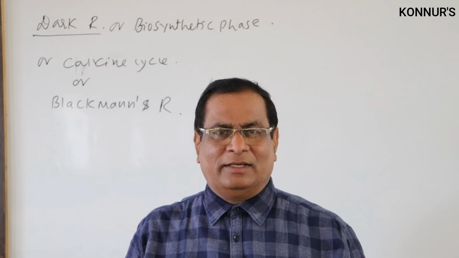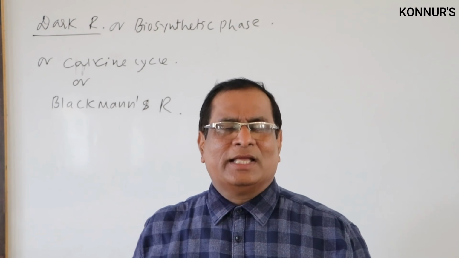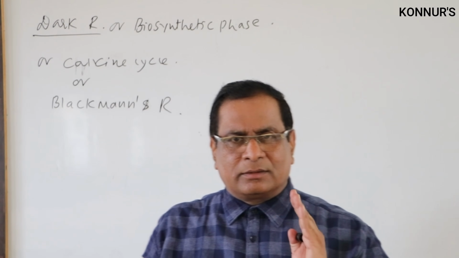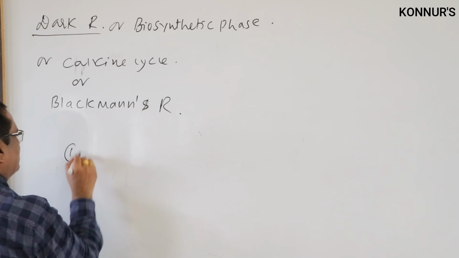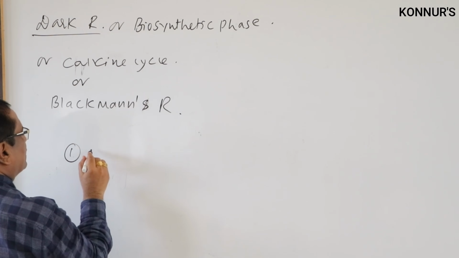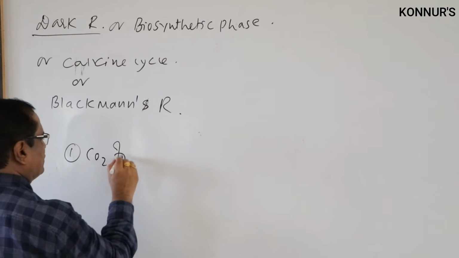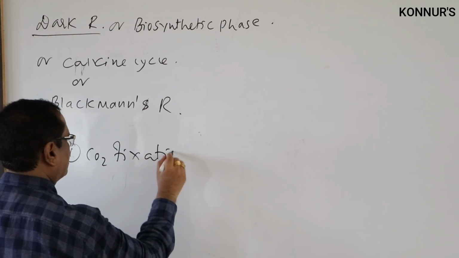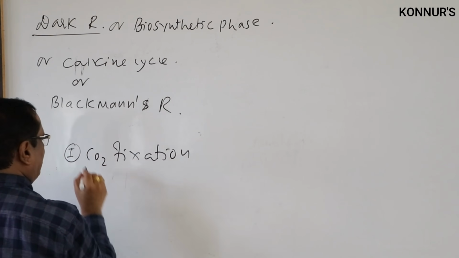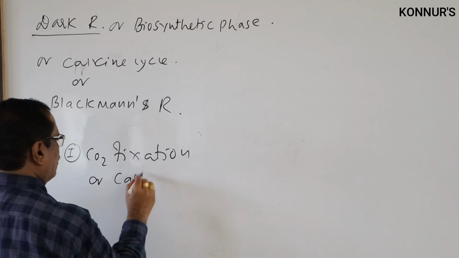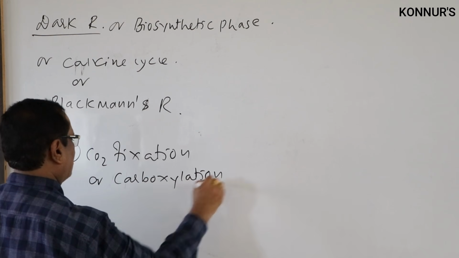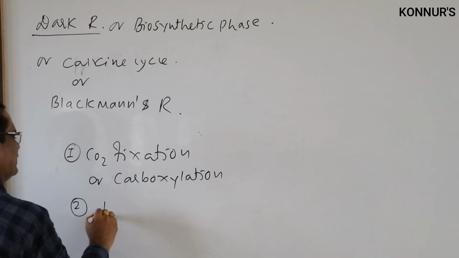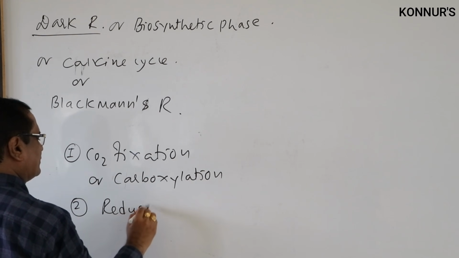That Calvin cycle, meaning the dark reaction, takes place in 3 steps. Those 3 steps are, first one, CO2 fixation, otherwise said to be carboxylation. Second one is reduction.